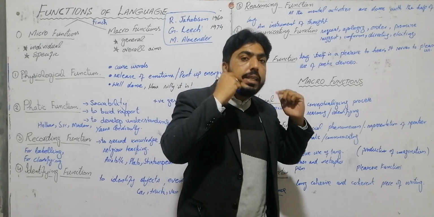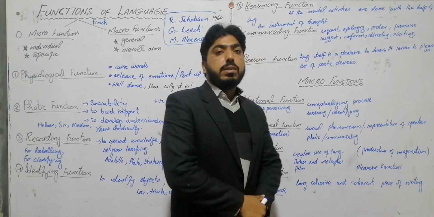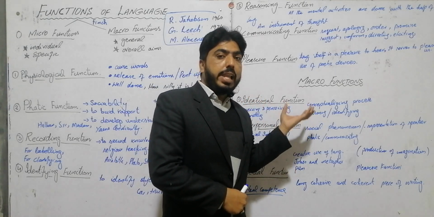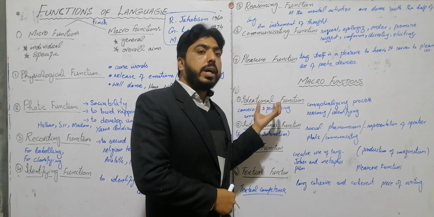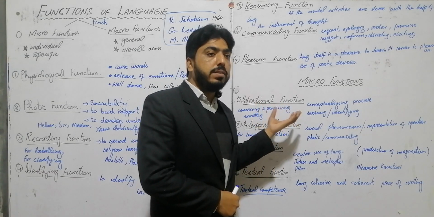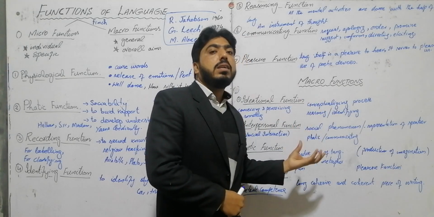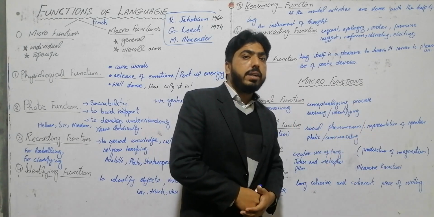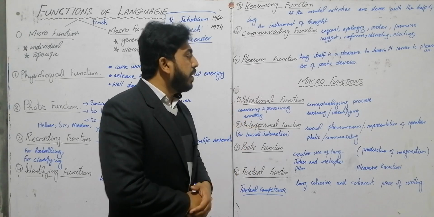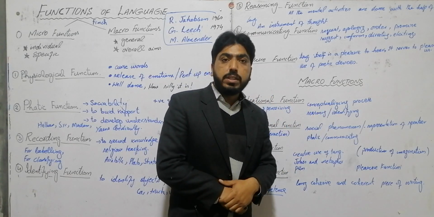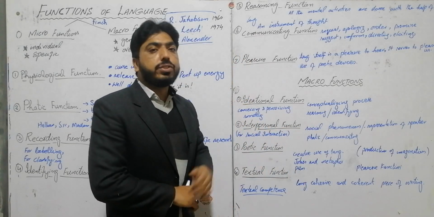So mental activity is involved, and that is due to the ideational function. Language helps us to conceive things, perceive things, and conceptualize certain processes, right? So this is called the ideational function of language. Micro functions, reasoning and identifying, may come under the ideational function.